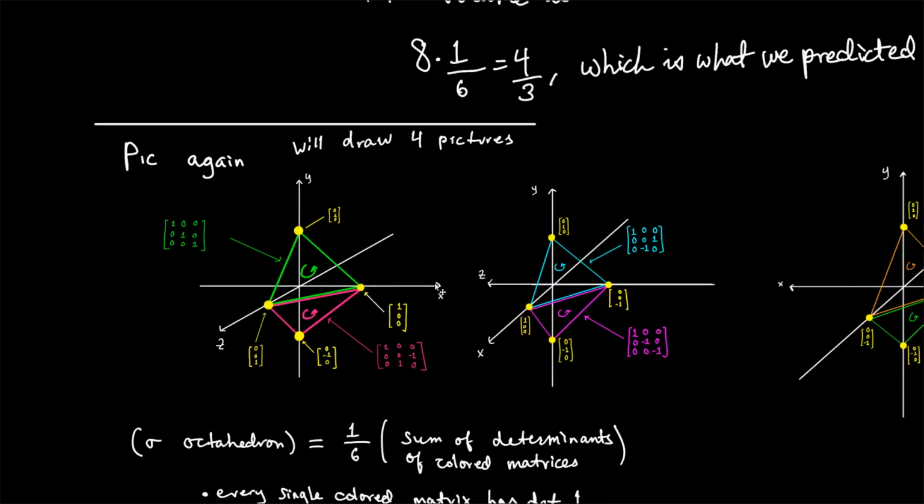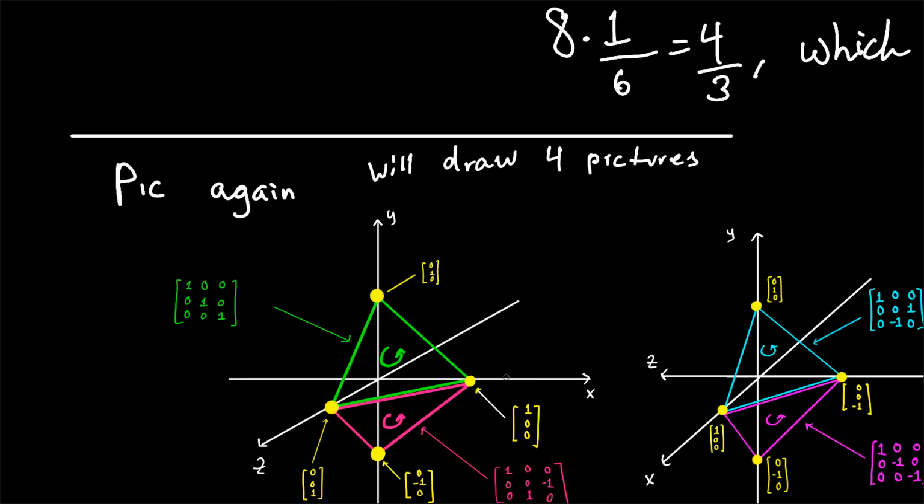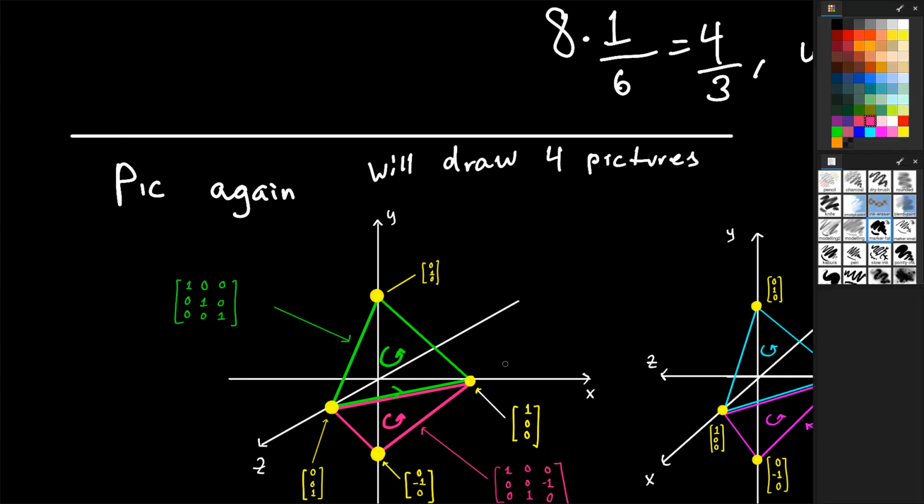All right, let me draw 4 pictures just to show you exactly what's going on here. And I want you to note that if you take these face orientations and port them to the edges, then the edges cancel out. So if you take this face orientation and put it here, and then this face orientation and put it here, you have these edges canceling out.